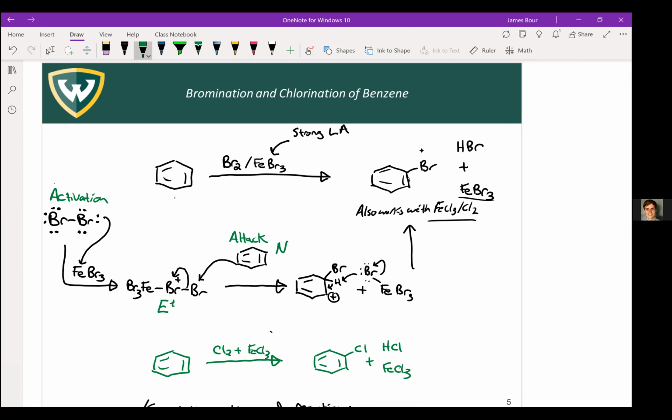Benzene is the nucleophile. And then we have the deprotonation, or proton loss. All right, so proton loss and rearomatization. This is the same exact sequence of events with slightly different reagents as our Friedel-Crafts reaction.